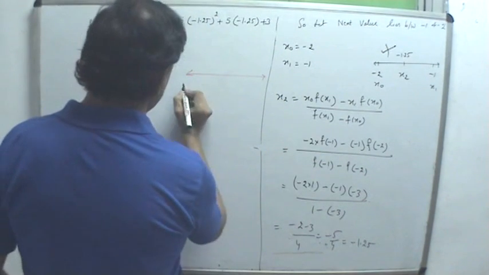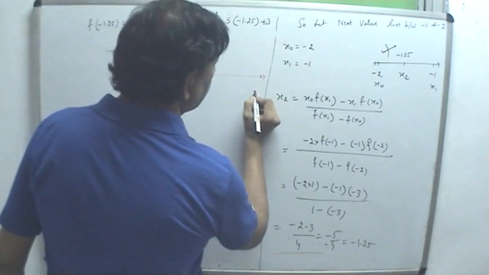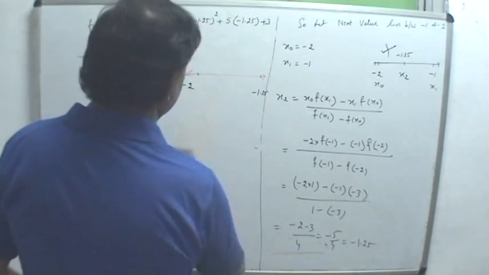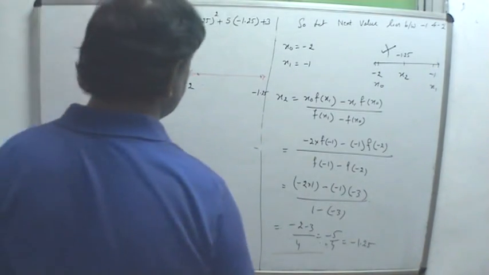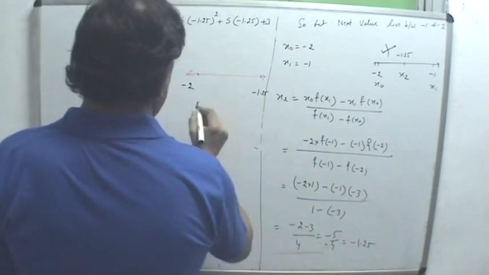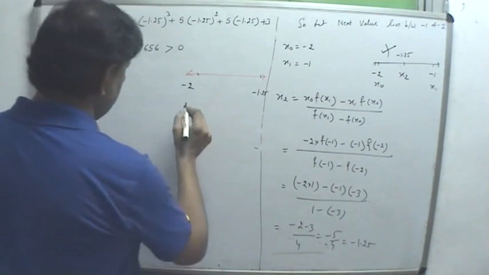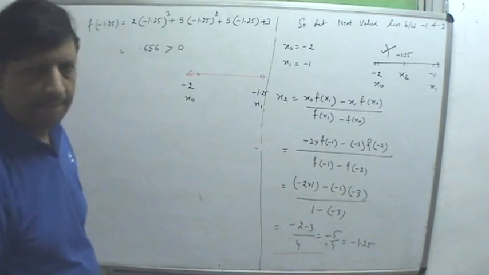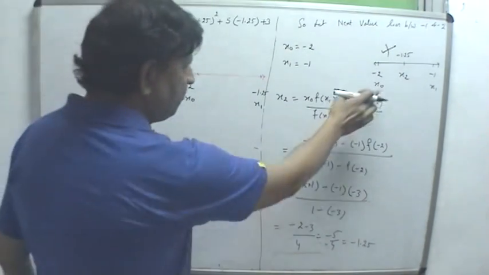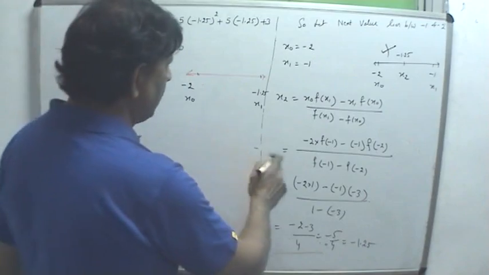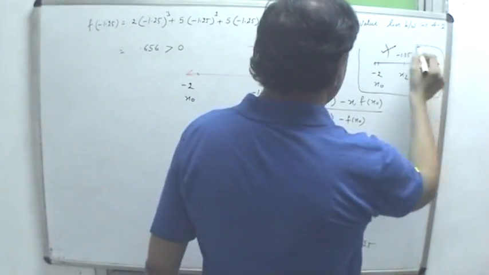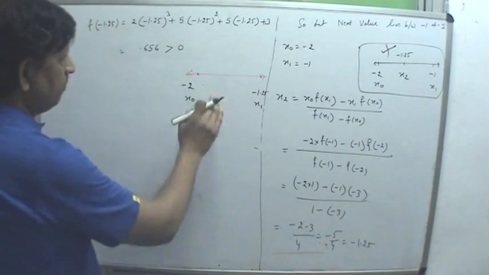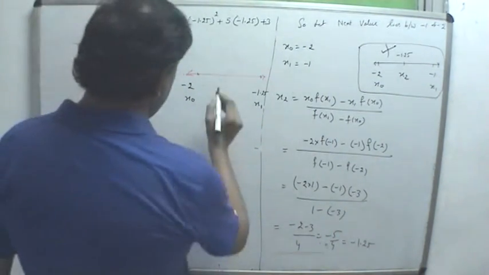Say it is -2 and -1.25. Again we consider it is x0 and it is x1. We start again with the same position x0 and x1, and we delete this number line and we assume that is the new number line.